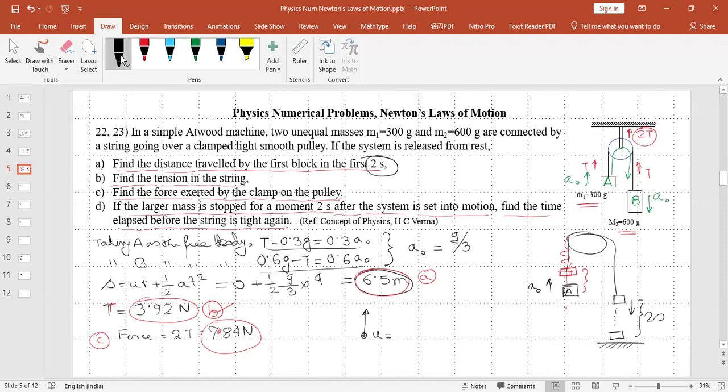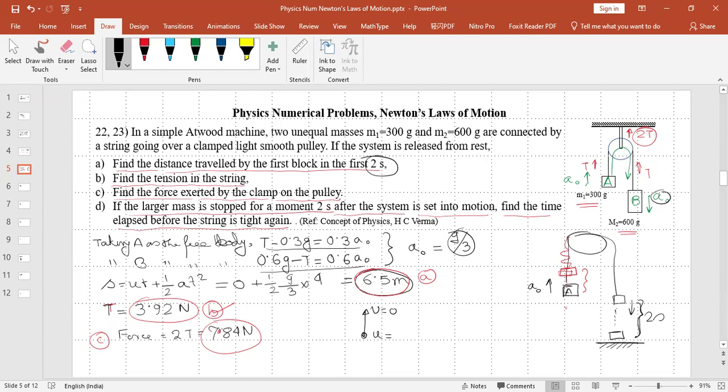We will find out. And its final velocity v will be zero. So let's find out what is u. That means what is the velocity of these blocks in 2 seconds when it starts with an acceleration a0, which is equal to g by 3.